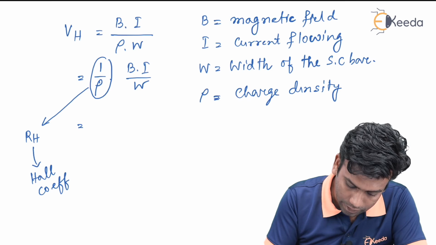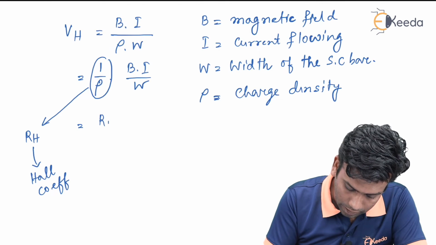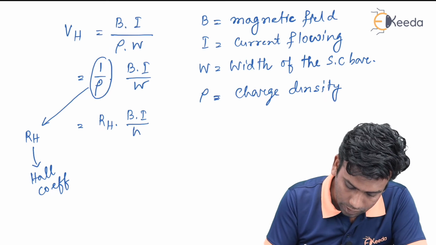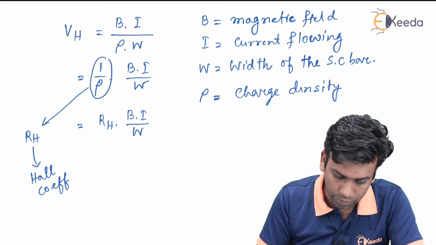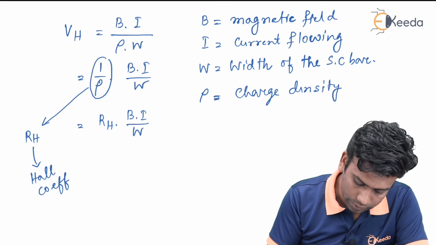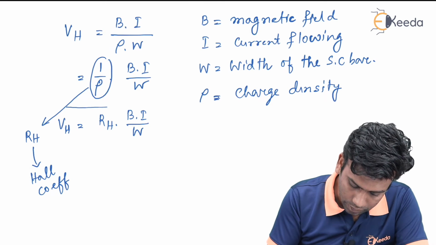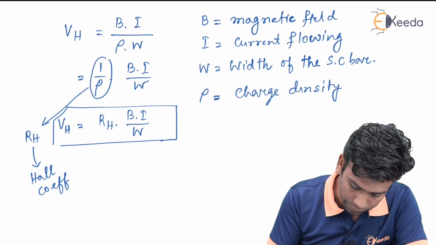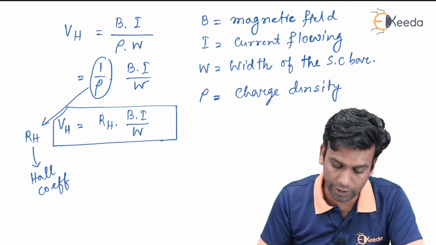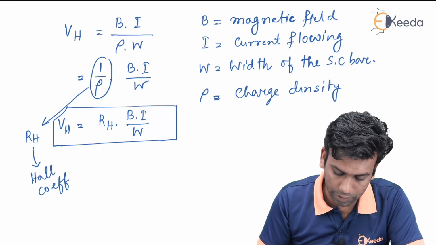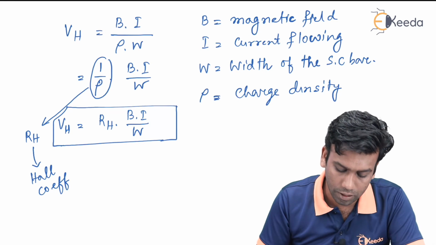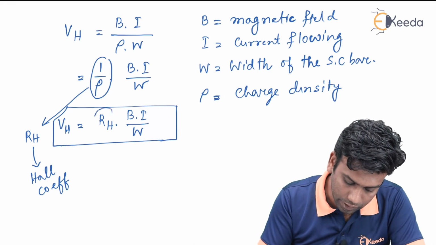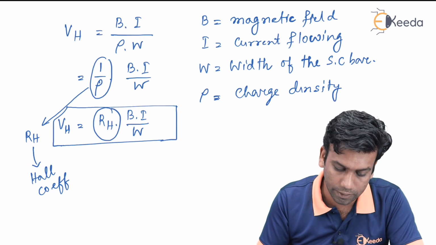So, we can write the equation as Vh equals RH into B I by W. So, this is the equation that will give the Hall voltage of the semiconductor, and RH is the Hall coefficient of the semiconductor.